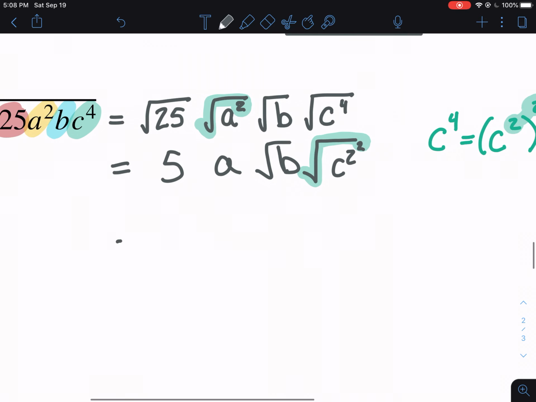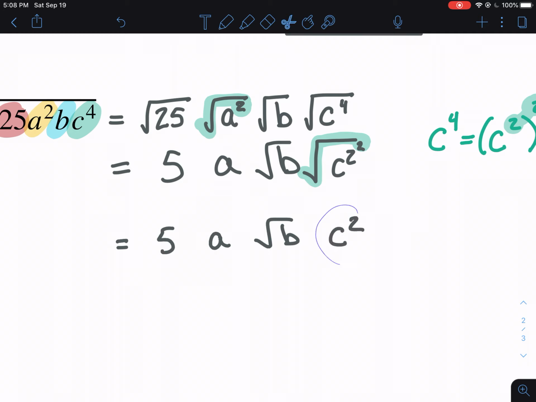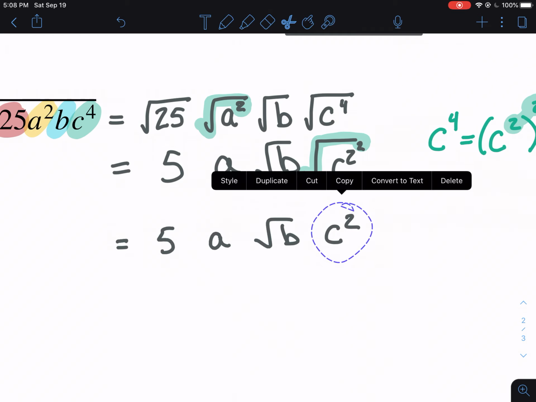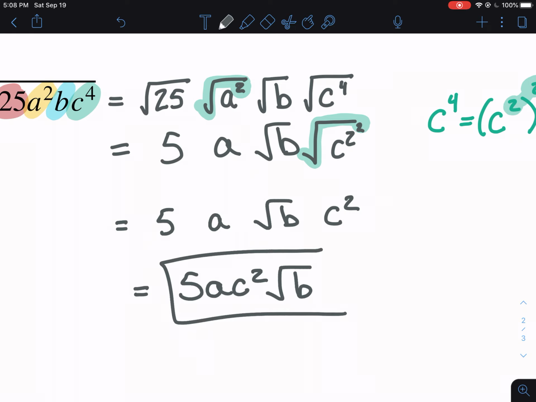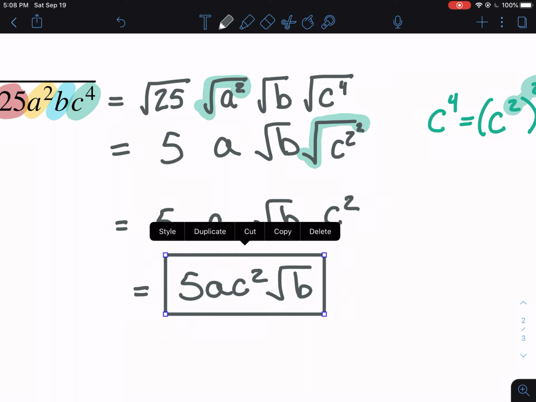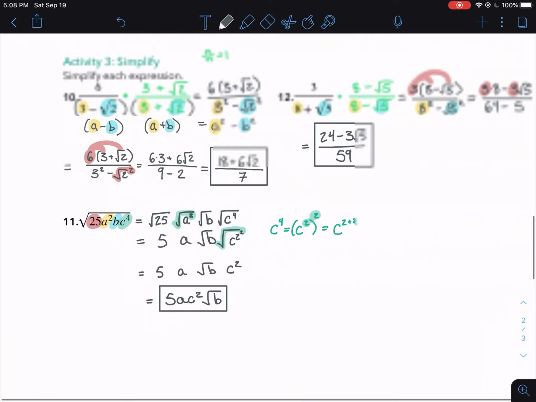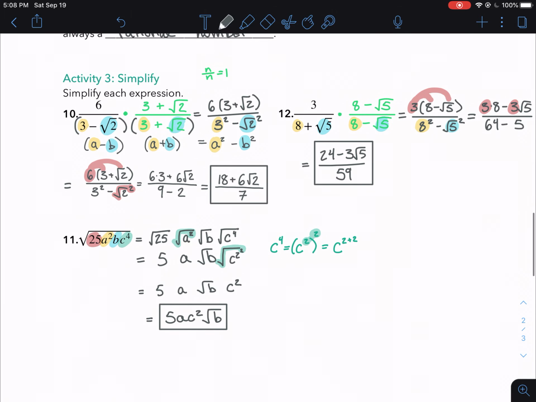So we are left with 5a square root of b c squared. And I'm going to rearrange this to make our lives a little bit neater. So our final answer is 5a c squared times the square root of b. And that's how it be.